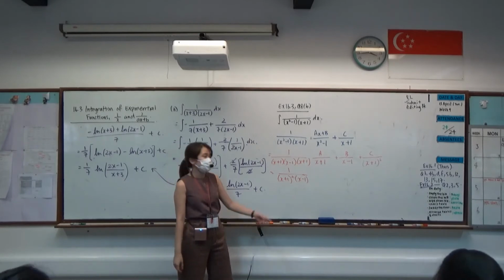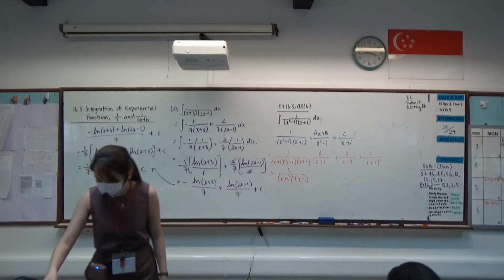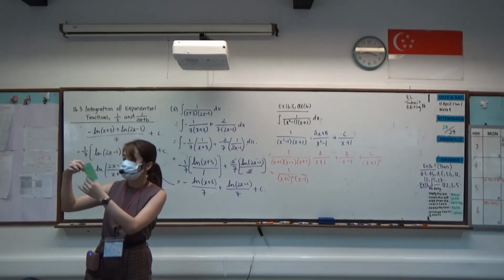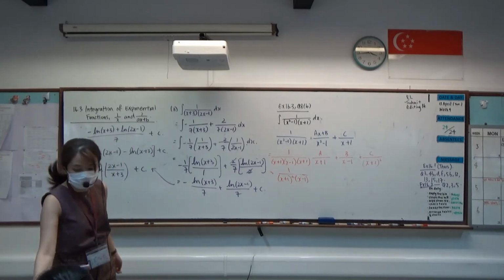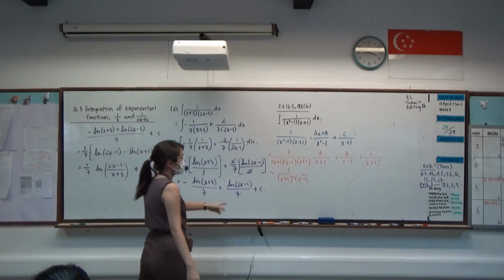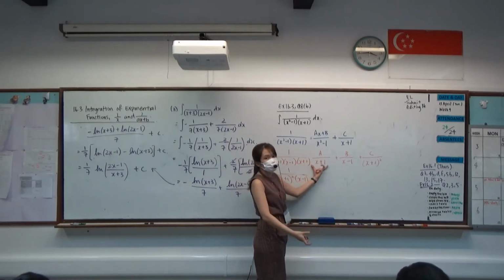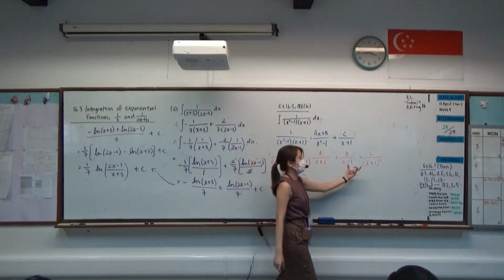And when we have a repeated linear factor, if you go back onto your formula list, in page 2, your g of x, if it contains (ax plus b) bracket squared, this is your repeated linear factor. It generates 2 partial fractions. One of it is power 1, the other one is power 2.